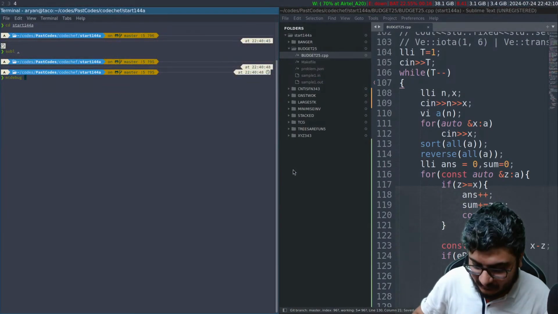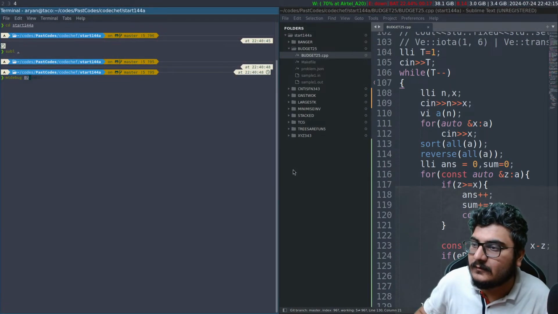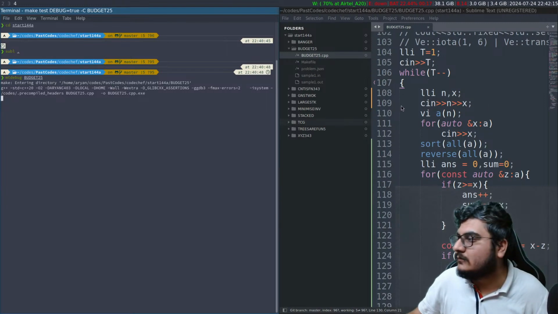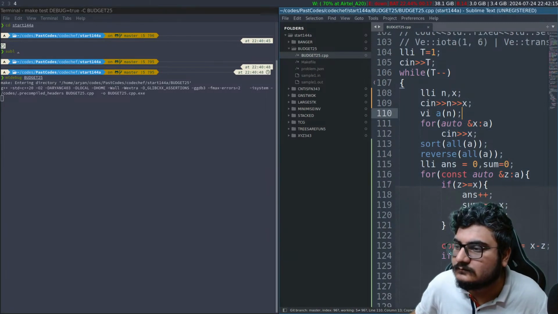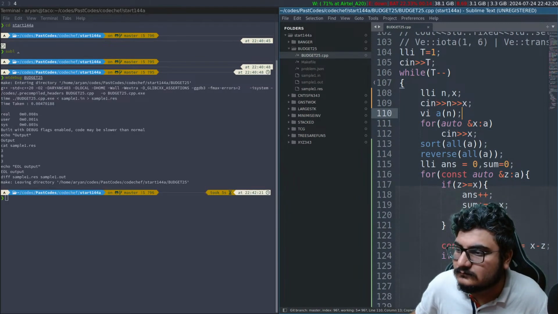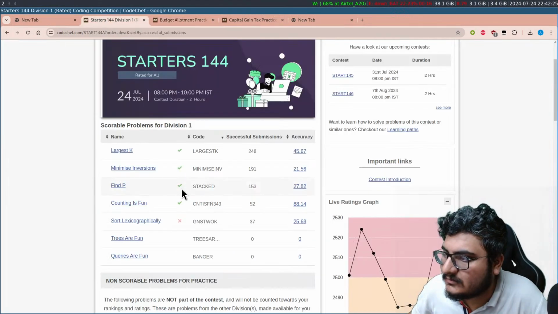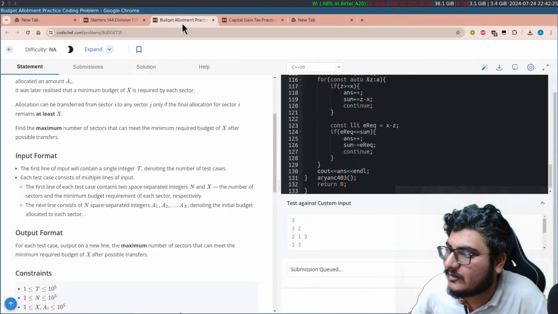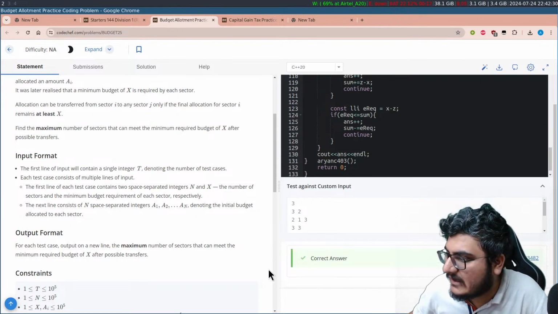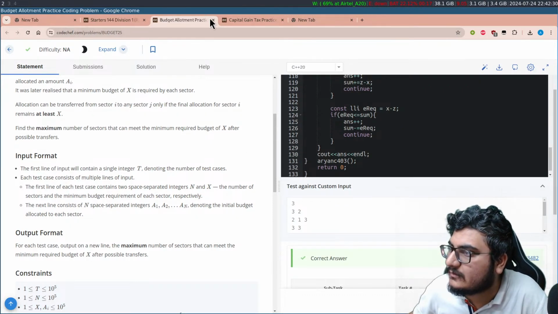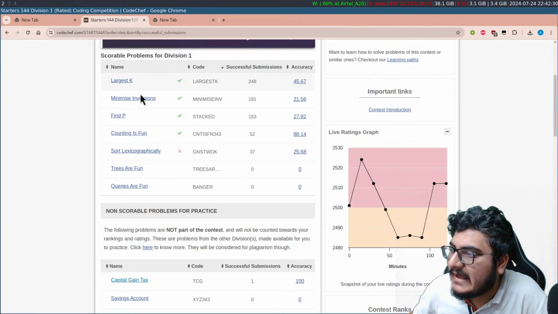This would be the idea for the first three problems. Any questions on the first three problems before we move on to the other Div1 problems, which are rated for Div1? I have the questions ready for this. Any questions so far?